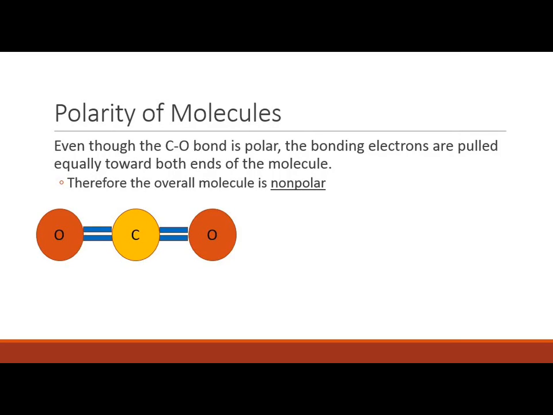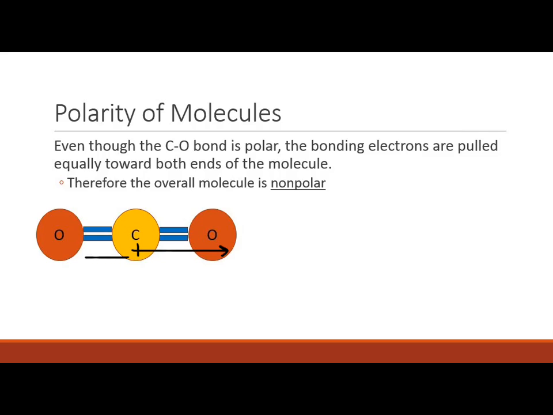So the next thing we need to worry about would actually be the overall polarity of molecules. So I've mentioned that you can have a polar covalent bond, right, in which case the electrons are getting pulled to one side or the other. But what about the overall molecule? So let's take a look at carbon dioxide again. Looking at the electronegativity values for carbon and oxygen, you can clearly see that carbon is less electronegative than oxygen. So you can think of the oxygen as pulling those electrons to the right. But what about the oxygen on the left?